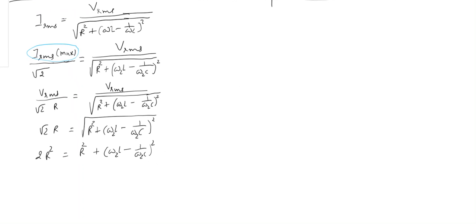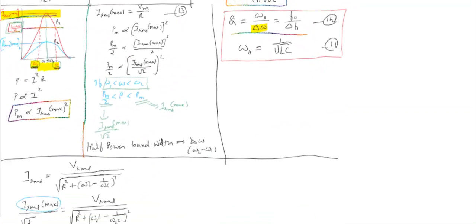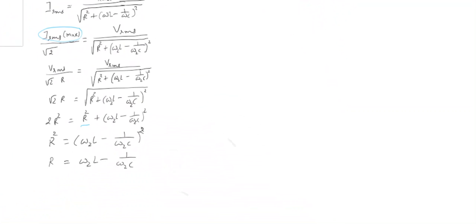Taking R square to the left side, we have 2R square minus R square, that is R square, equal to omega 2L minus 1 by omega 2C whole square. Again, to remove the square on both sides, we take the square root. So R is equal to omega 2L minus 1 by omega 2C. So far we have 14 equations, so let me label it as the 15th one.